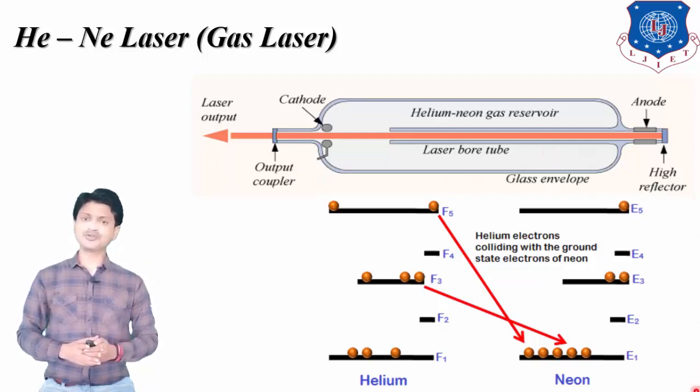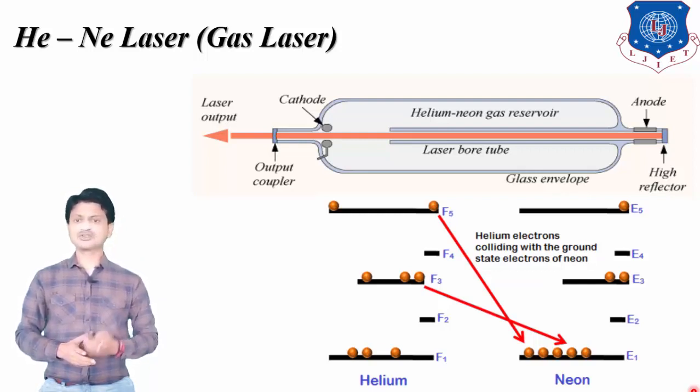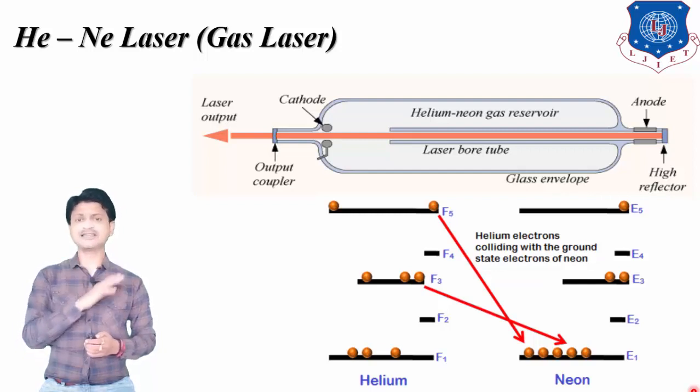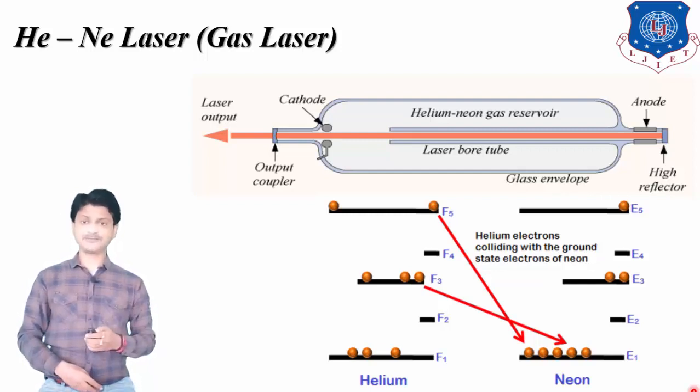In order to produce the laser beam, it is essential to achieve population inversion. We know that population inversion is the process of achieving a greater number of electrons in the excited state, or in the higher energy state, as compared to the lower energy state. In general, the lower energy state has more electrons than the higher energy state.